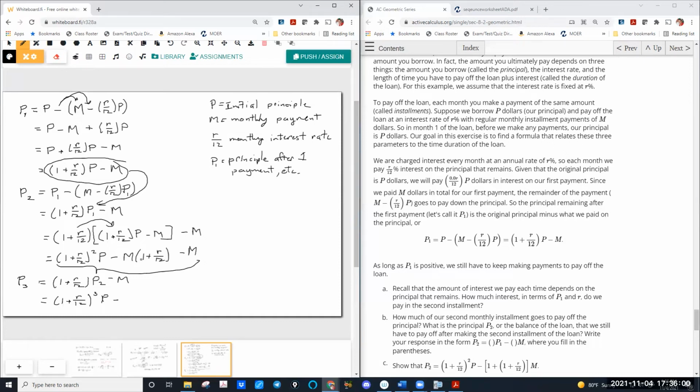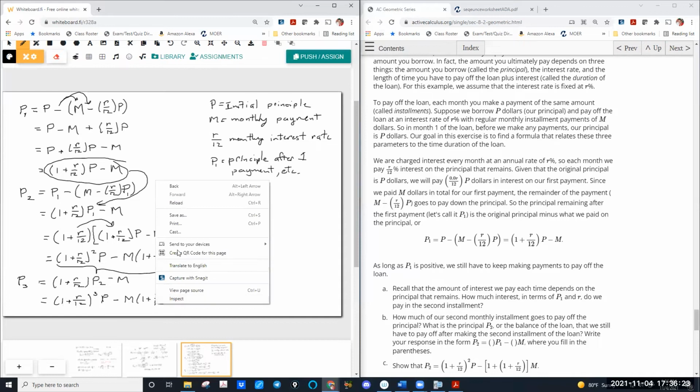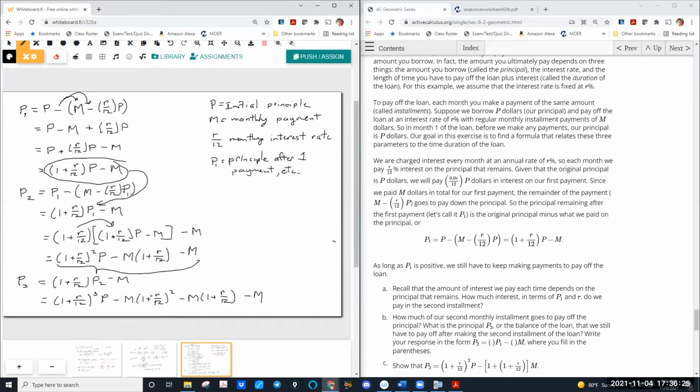And then here's where it really gets interesting. You'd have m times 1 plus r over 12 squared, minus m times 1 plus r over 12, minus m. And here's where the pattern really starts to emerge. Remember what we said before about exponents.